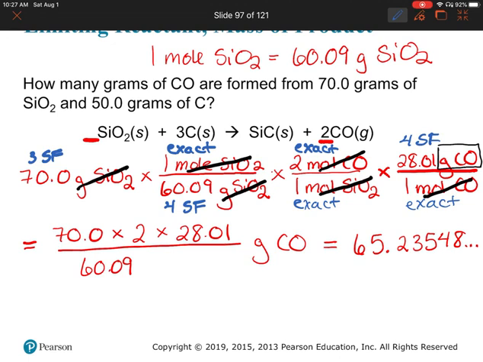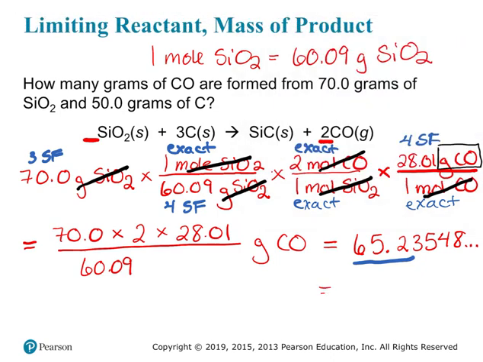All right, so we need 3 sig figs in our final answer. Okay, now the first digit we're dropping is a 3, so we don't have to round up. So this will just be 65.2 grams of carbon monoxide. All right, so we still have to do this for our other reactant, carbon, and then we'll compare the answers to each other. So we'll come back to this.